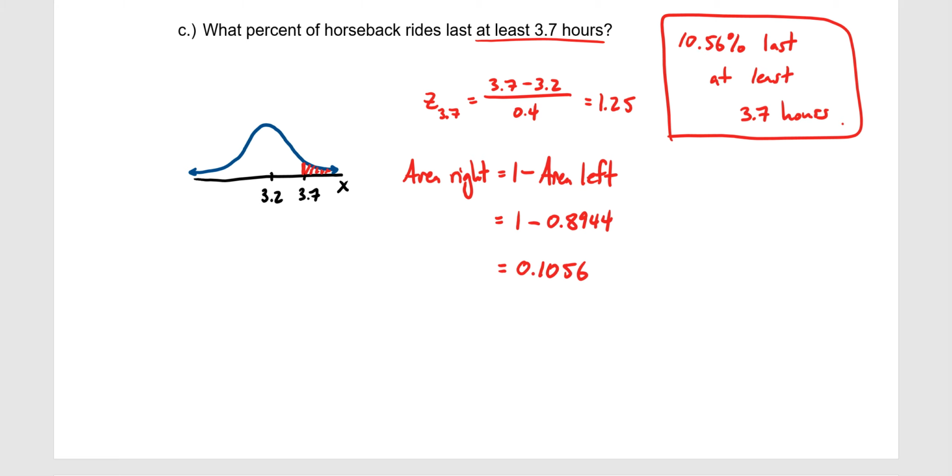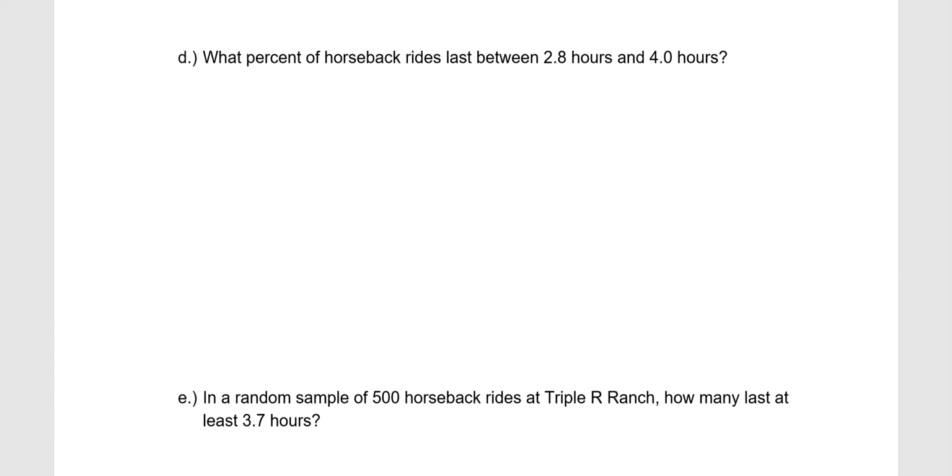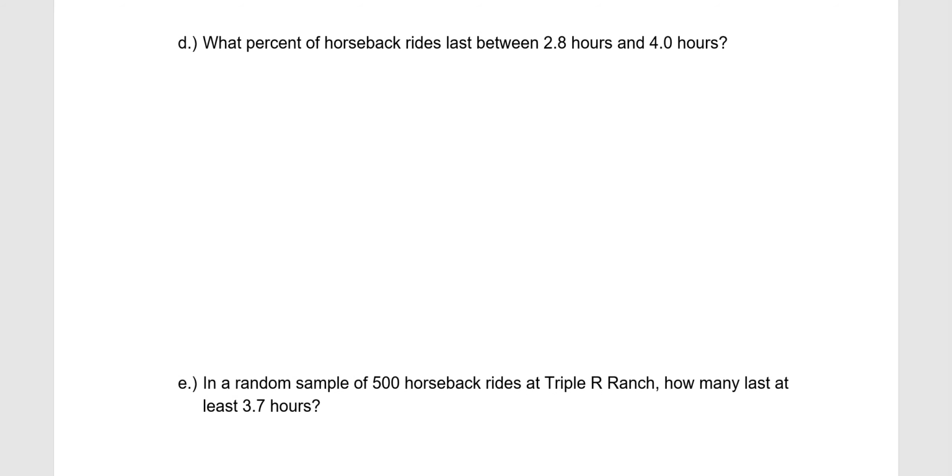And let's go ahead and take a look at one more of these kind though. What percent of horseback rides last between 2.8 and 4 hours? So putting this on the curve, we have our mean, and then 2.8 to the left, and 4.0 above. And we're looking for the area between those values.